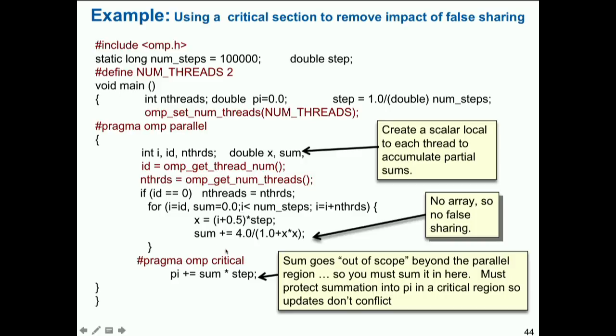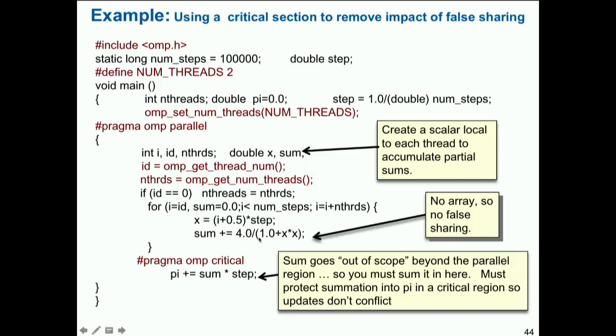And how do I do that? I go into this critical section, right? Only in this part of the code, things are serialized. First, one thread adds its sum to the pi, then some other thread adds it. So there is no data race here, and the performance will be okay. And the reason is because the computationally intensive loop is here, and that doesn't have a critical section. If I was stupid and I put my critical statement inside this compute-intensive loop, the chances are I would see very poor scaling.